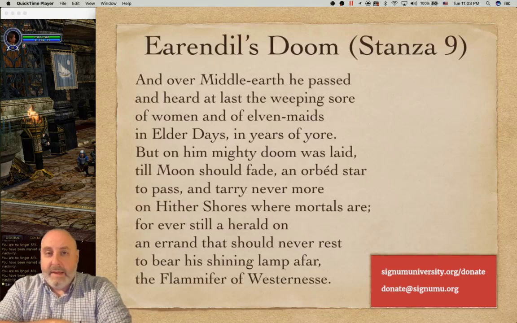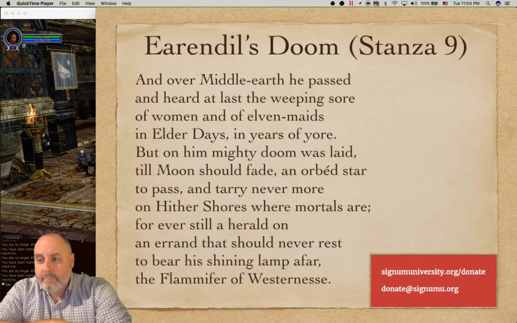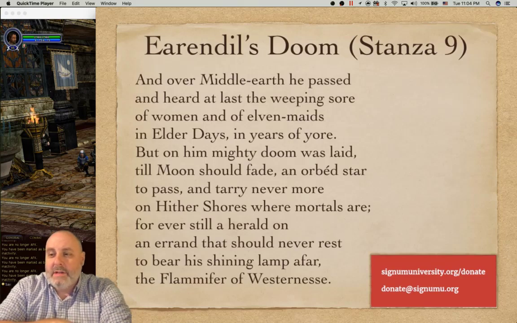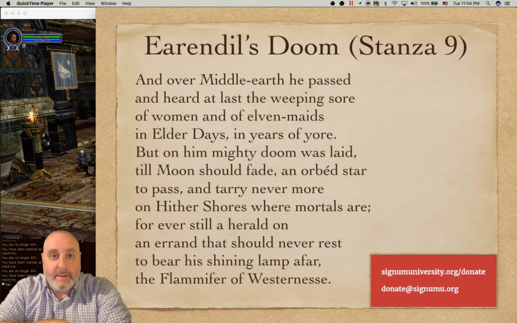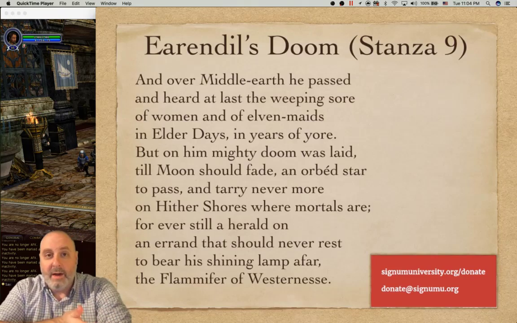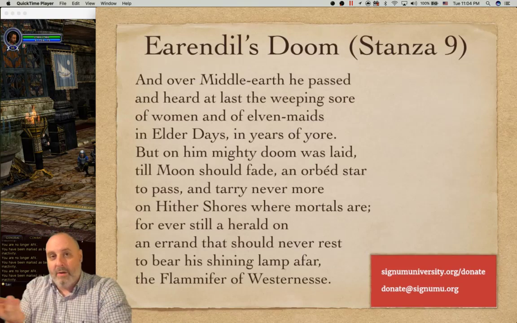Yeah, so flammifer means bearer of the flame. Yes, the bearer of the flame. So yes, Lucifer is the same kind of word. Flammifer and Lucifer are parallel in the sense that the if-er ending means one who carries, and luce is light in Latin, so you've got the bearer of the flame, the bearer of the light.